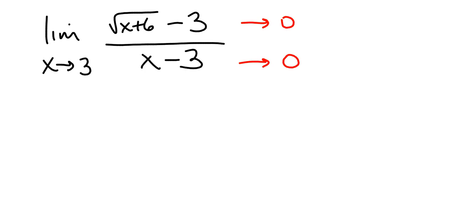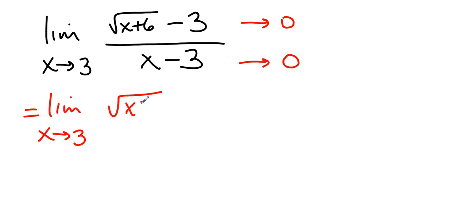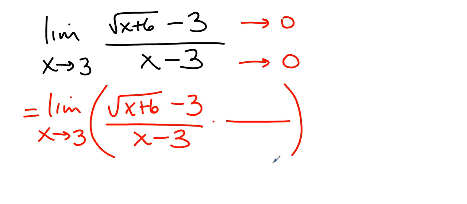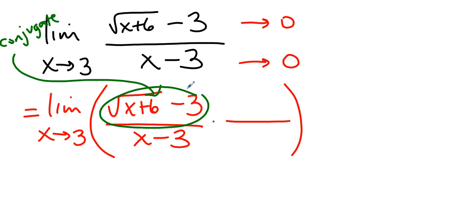So here the thought is, to get ourselves out of trouble with a radical, we multiply and divide by the same quantity. That quantity is going to be the conjugate of this numerator, the expression with a radical in it. You learned in high school that conjugate means we write the thing as it was, but change the sign.